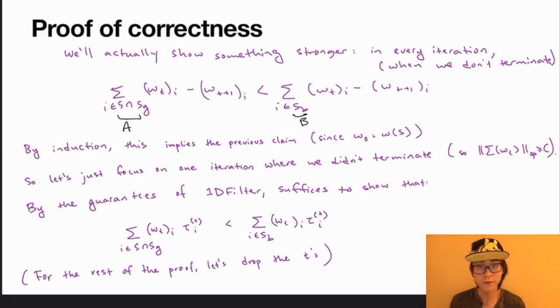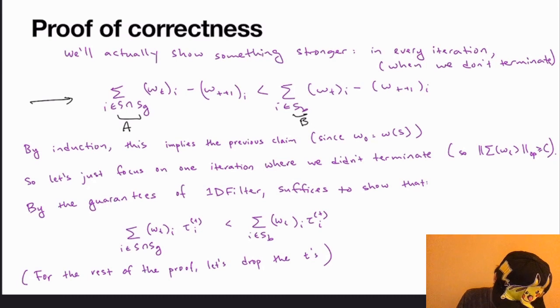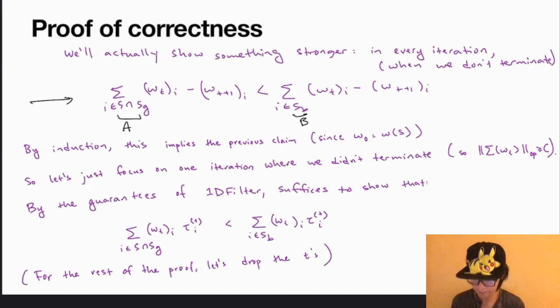So the lemma for 1D filter says that it suffices to show the following: that the weighted sum of the Wti tau i's for i in S good intersect S is strictly less than the same sum for i in S bad. So this is what we're going to prove, and we're going to demonstrate this inductively. So we're at some iteration, and this claim holds for all iterations previous to this one.